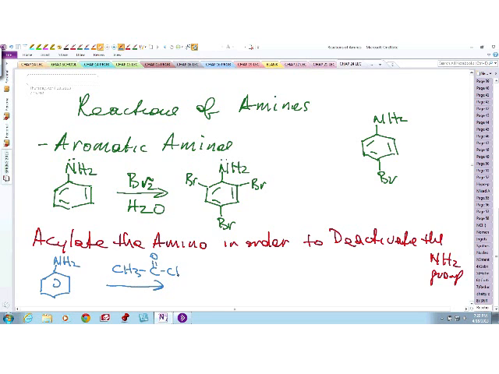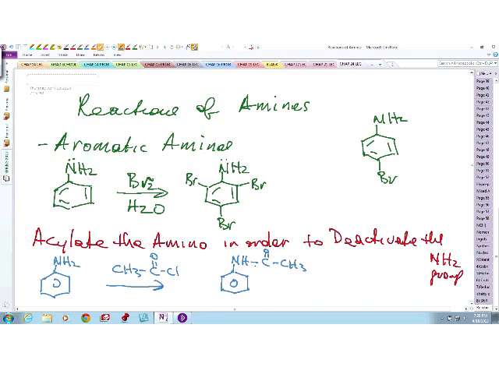Okay, you're going to get the amide because you are going to replace the chlorine, right? So you will get the amide. You get, in this case, a secondary amide.